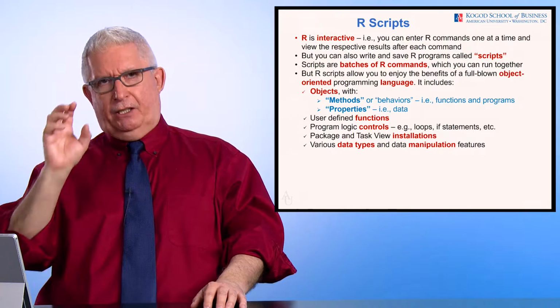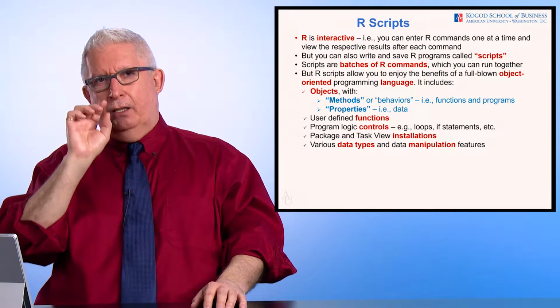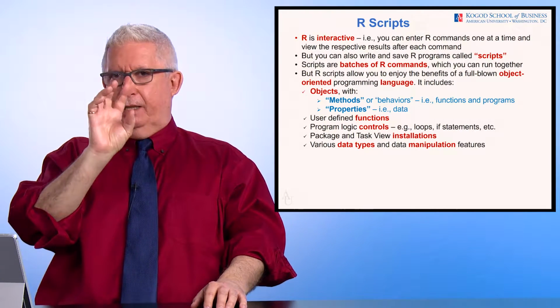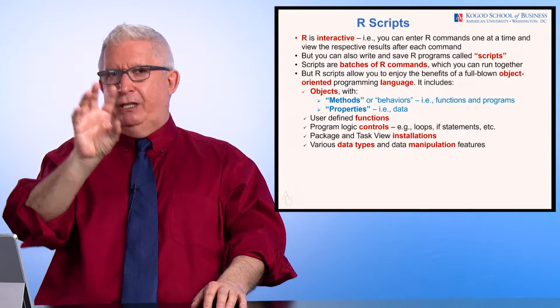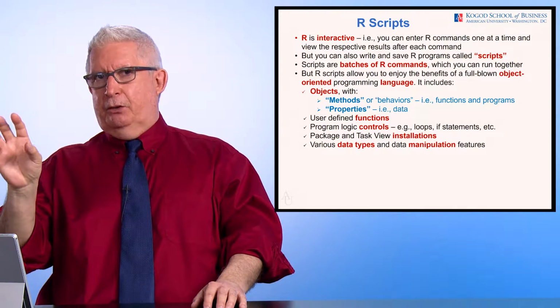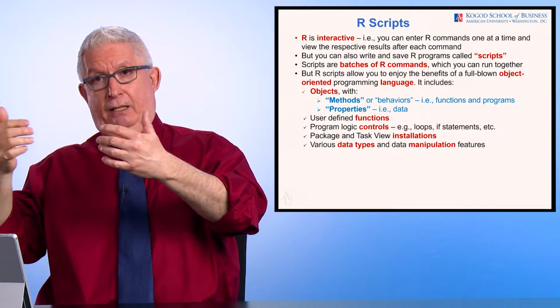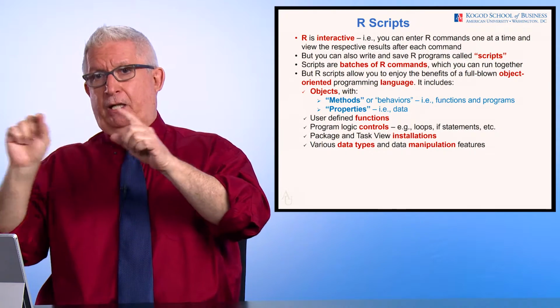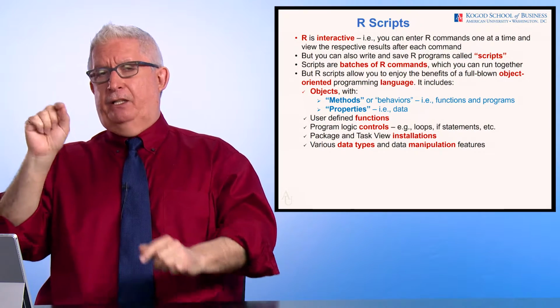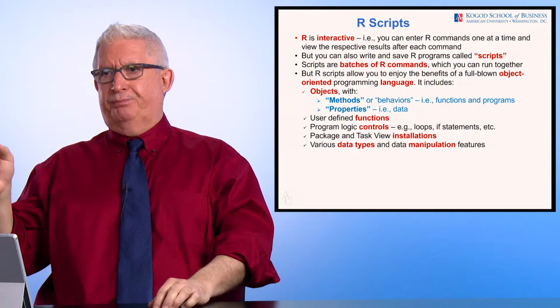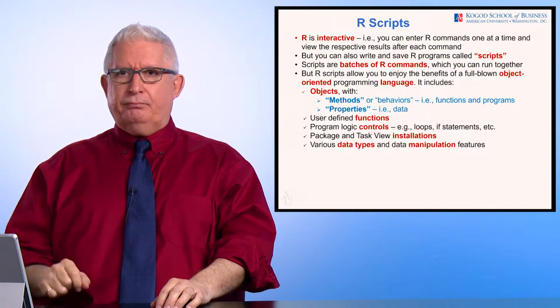Think of an object as a container. The nice property about an object is that an object can generate other objects. For example, you may be using a regression model, which is done by the linear model function, and the linear model function creates an object, which is a linear model object.